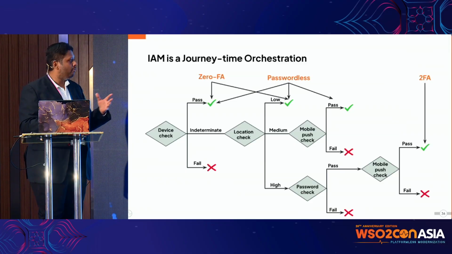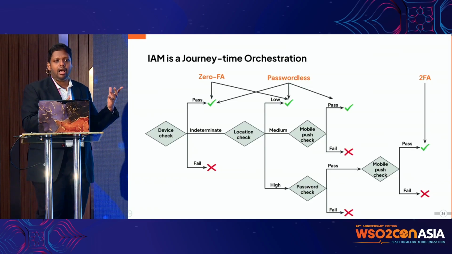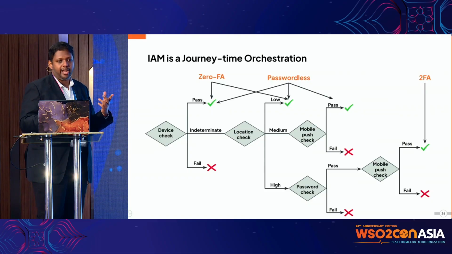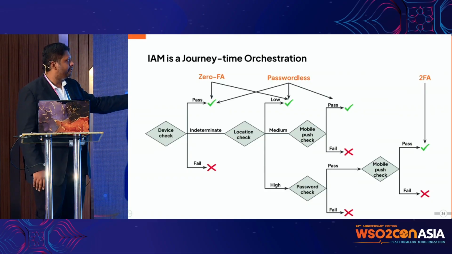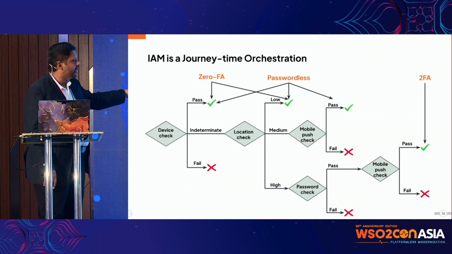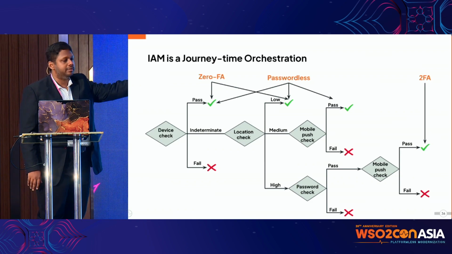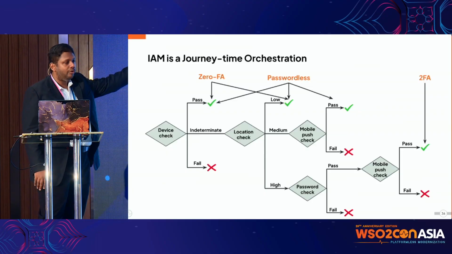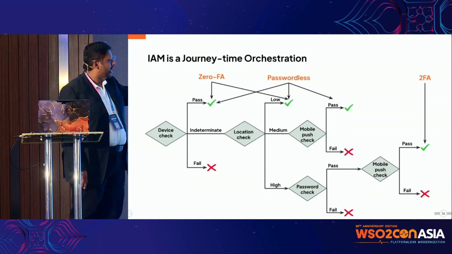For example, if you want to configure this kind of flow, it's really hard to do it through an admin UI, right? So basically what this says is a user starting a login flow. This is an example of a login flow. He can end up in three different possible outcomes. He can end up with a zero-factor authentication if his device check and location check passes.